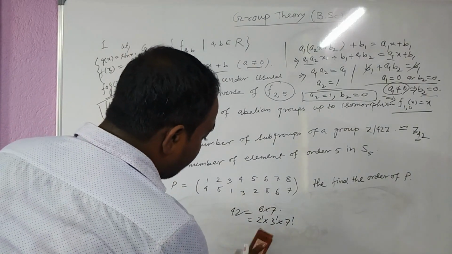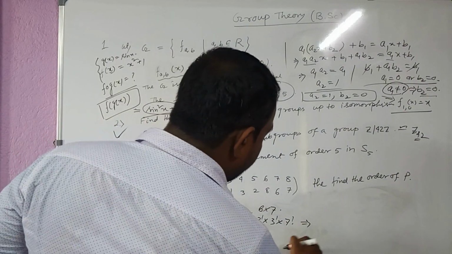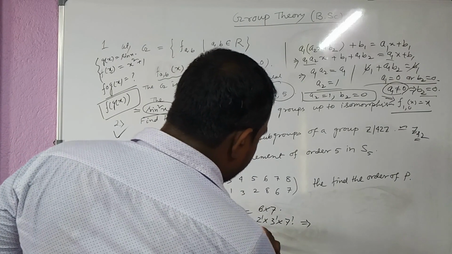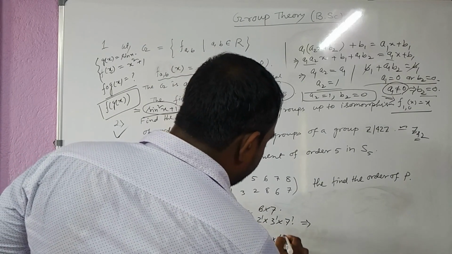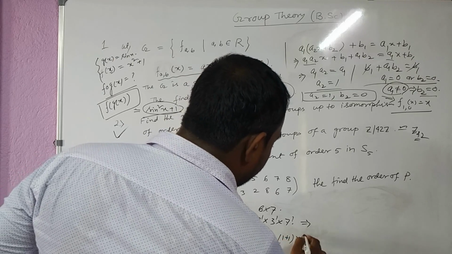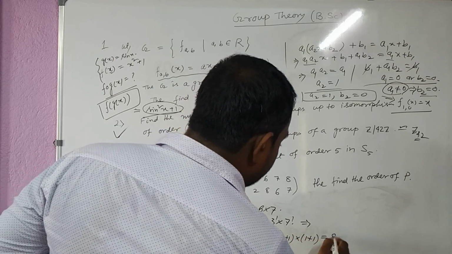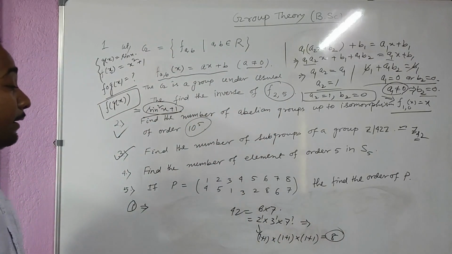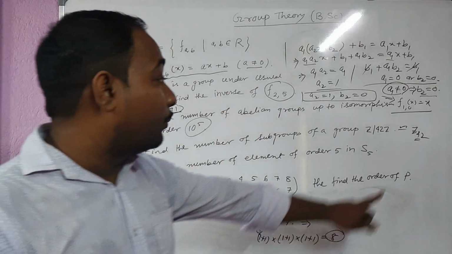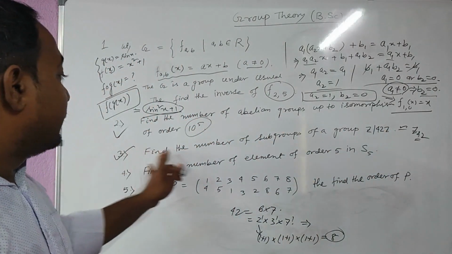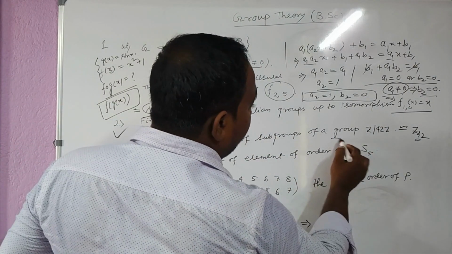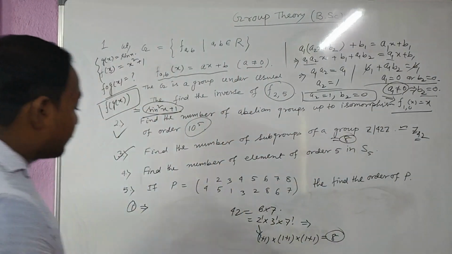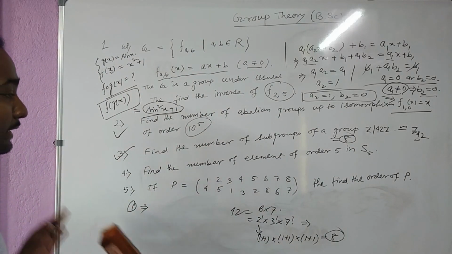Applying the method from number theory, the number of divisors equals 1 plus 1, times 1 plus 1, times 1 plus 1. So this is actually 8. So there are 8 subgroups of this group, right? So the answer will be 8. So that's it, a very easy problem.